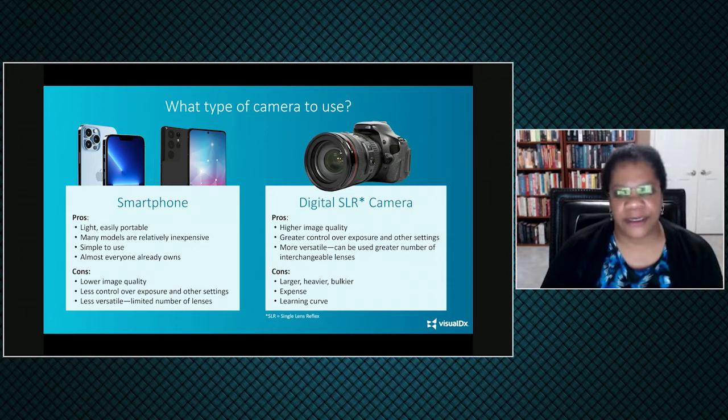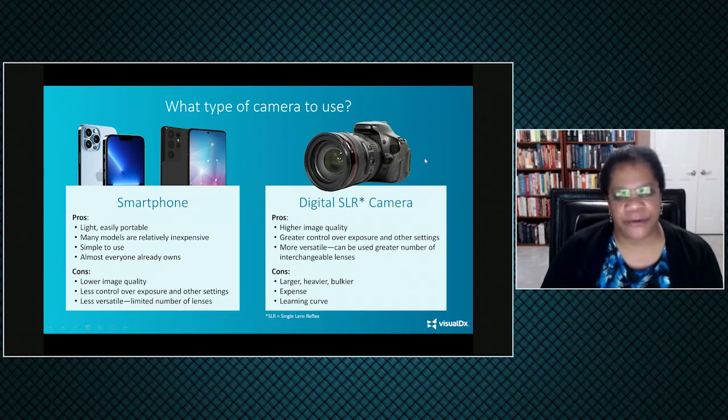And the disadvantages are that they are larger, heavier, and bulkier. There's an expense involved in purchasing one, as well as the lens. And then there's a learning curve involved.